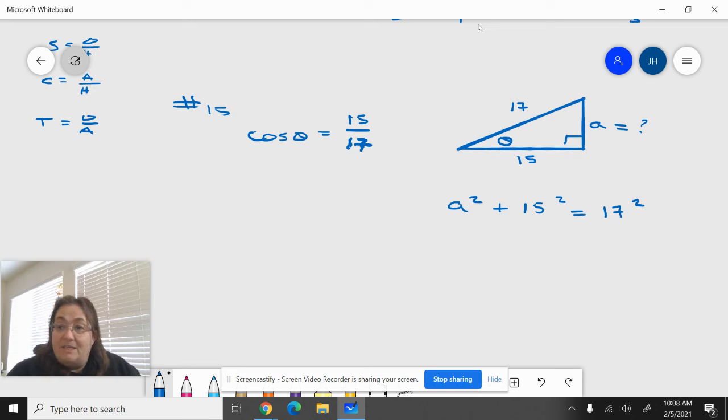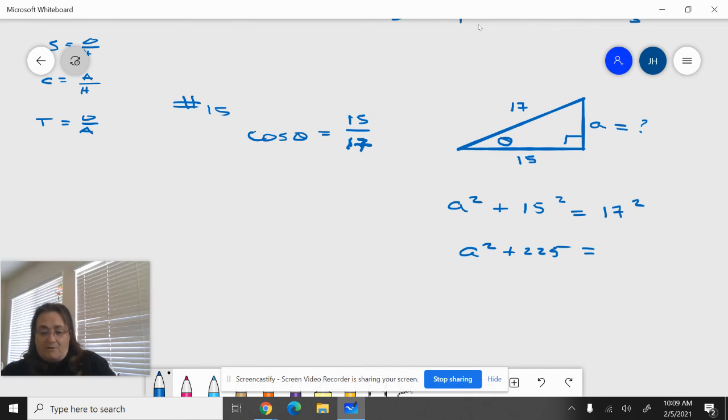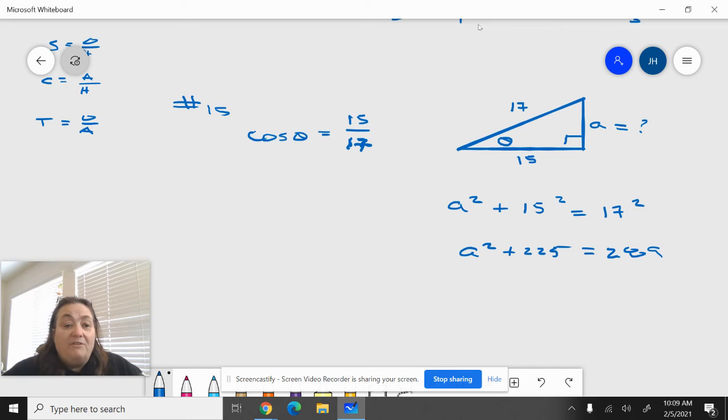So I know that this would be A squared plus 225 equals, I don't remember what 17 squared is. I think it's 289, but I have a calculator on my phone. I'm working from home, I just don't have all of my stuff with me right now. 17 times 17 equals, I was right, 289. So we're going to solve this like anything else.